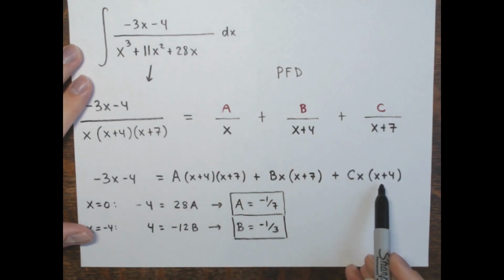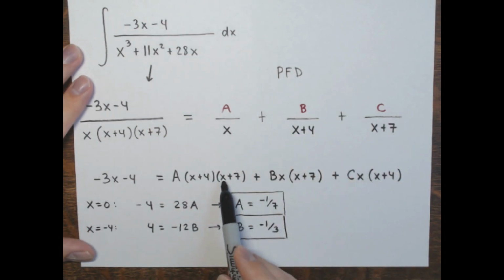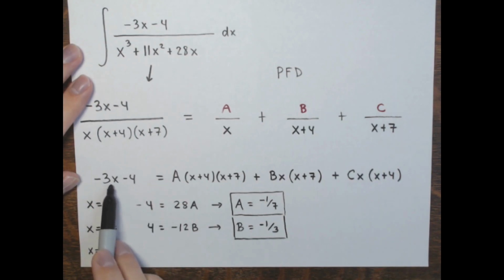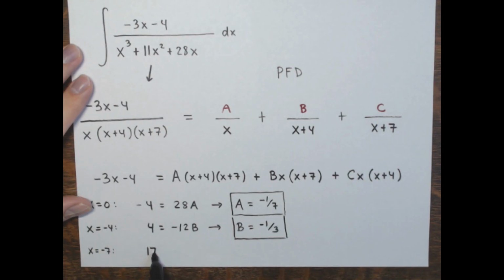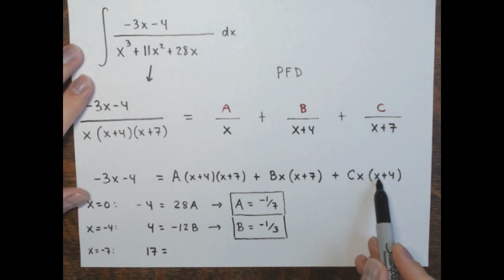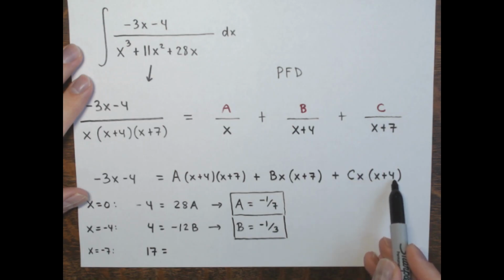And then finally, if I want to find C, I need to replace x with negative 7, right? That'll get rid of the A and the B terms. Now, if I replace x with negative 7, this would be 21, minus 4, be 17 on the left side. And then no A, no B, and then negative 7 times negative 7 plus 4.